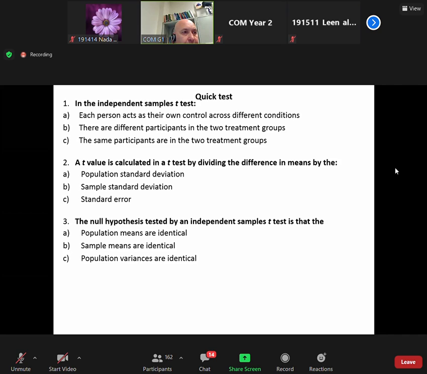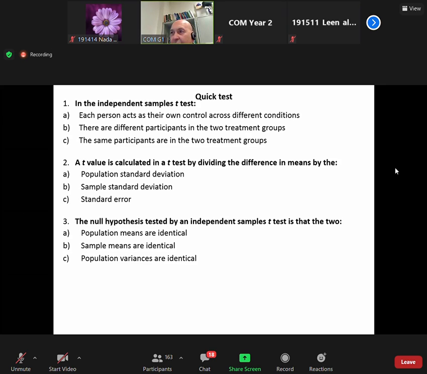Okay. The null hypothesis tested by an independent samples t-test is that the 2 population means are identical, the 2 sample means are identical, or the 2 population variances are identical. Which one? This is a trick question.